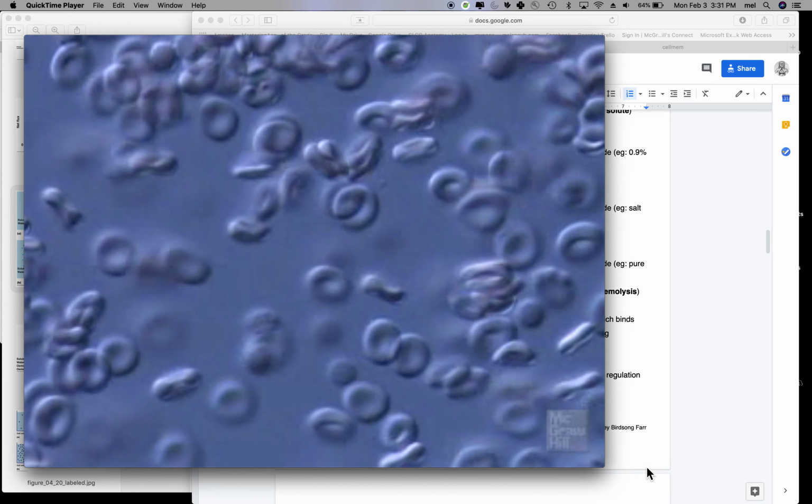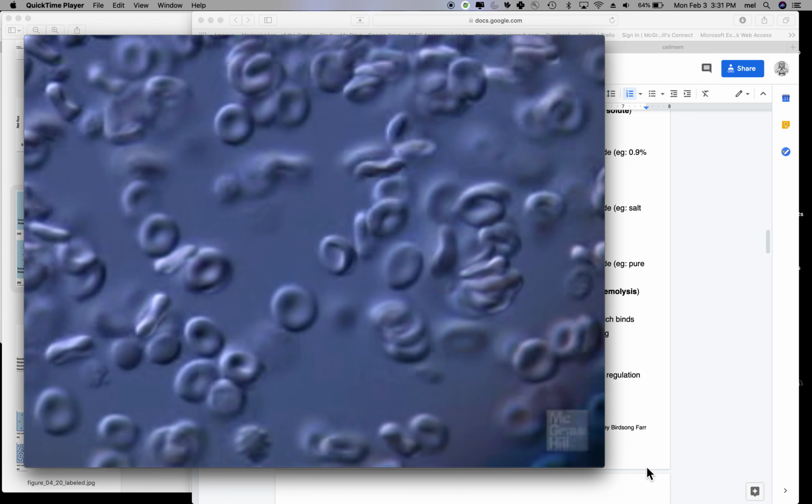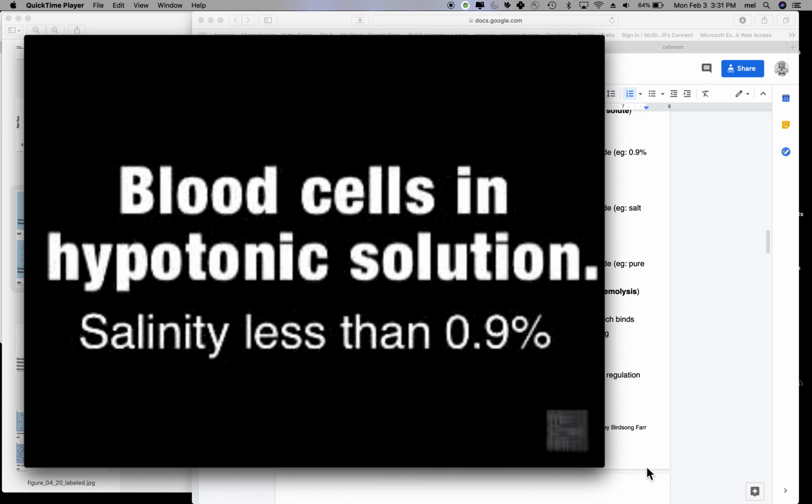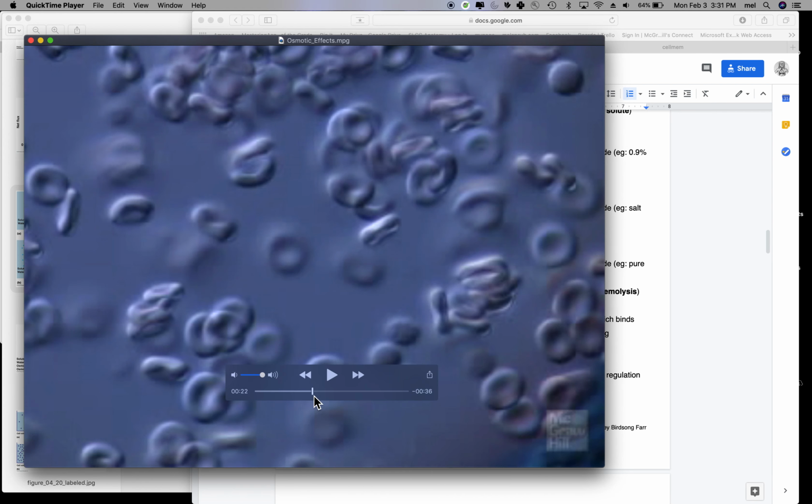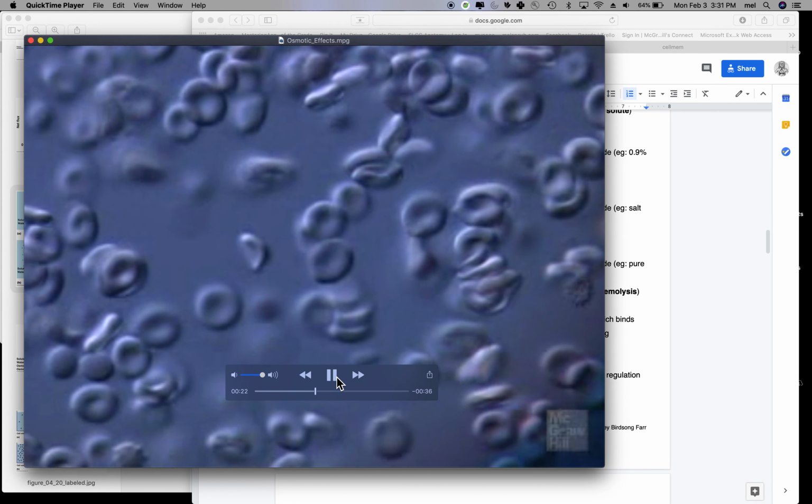Blood cells in normal saline solution have a slight dimple. Let's go back just a little bit. I want you to see that cells in normal saline solution have a slight dimple. So this is the typical biconcave disc shape of a red blood cell that is maintained in an isotonic solution.